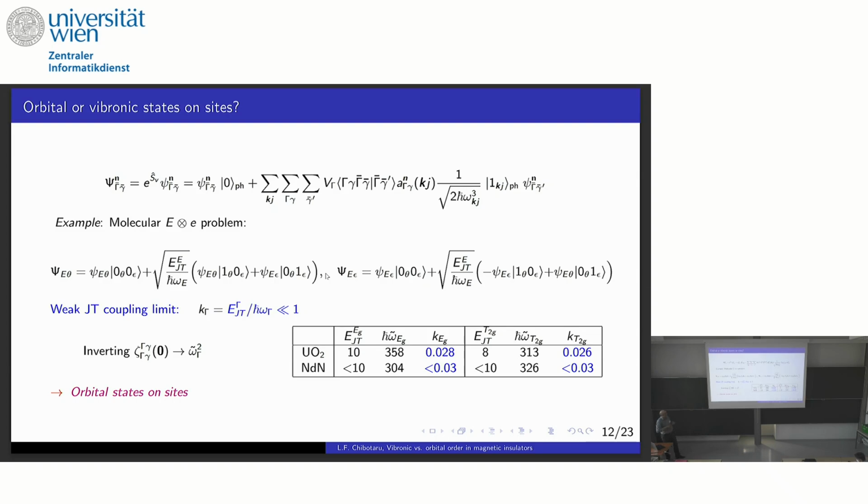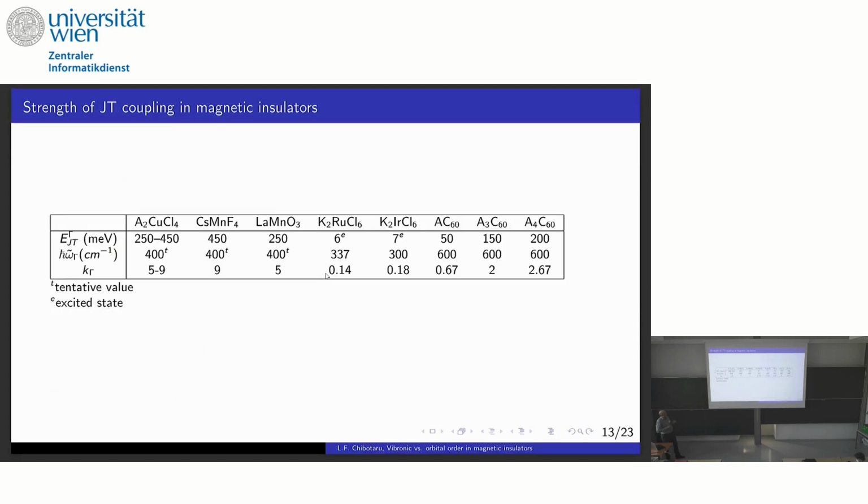But is this the situation which is typical for magnetic materials? Here I took some examples from the literature, and we see that for textbook examples like manganites, the Jahn-Teller energy is much stronger than the effective H omega.